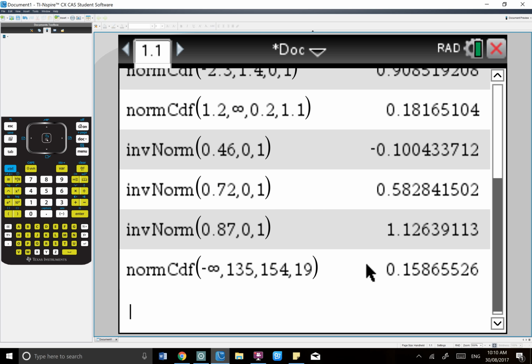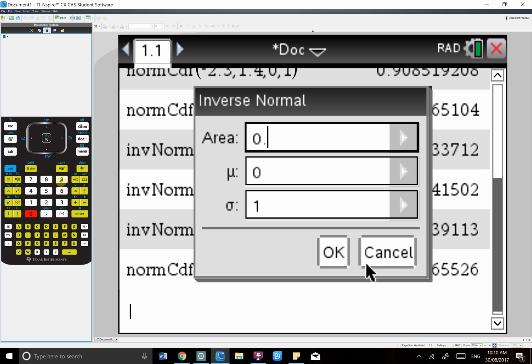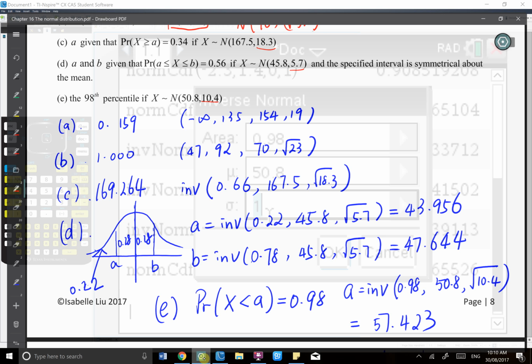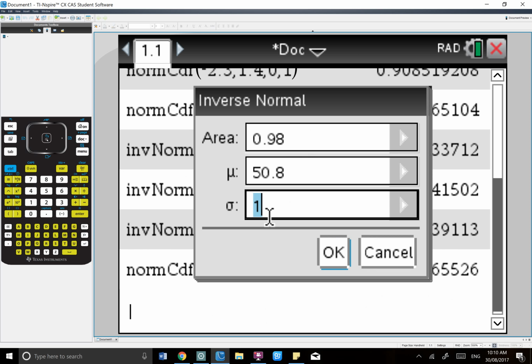The area to the left of A is 0.98. The mu is 50.8, and the standard deviation is square root 10.4, because what is given there is variance, and you want standard deviation.